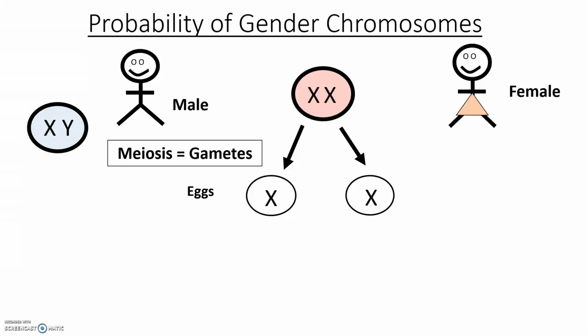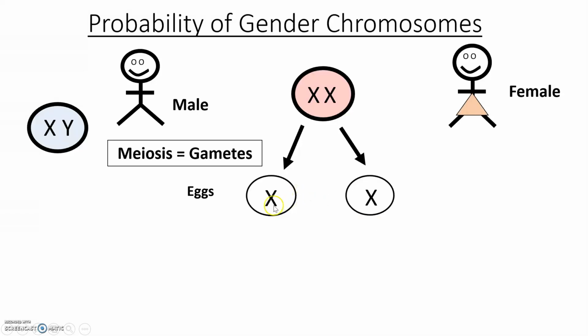And if we take a look at this, remember, in the process of meiosis that produces our haploid gametes, those individual chromosomes will be segregated or separated from each other and end up in the egg cells. So if we look at this one, this X chromosome on the left went over to this left egg, and this X chromosome on the right went over to this right egg.